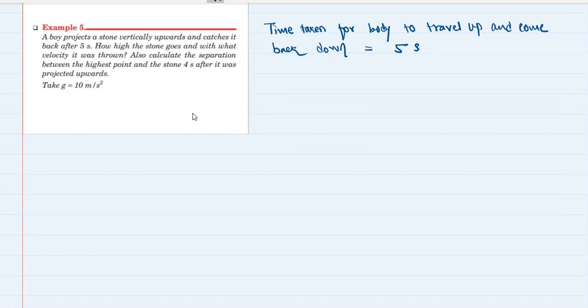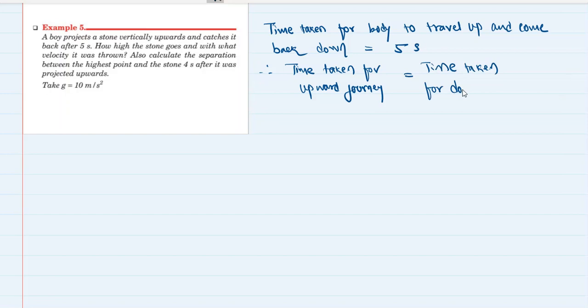Okay, now therefore time taken for the upward journey is equal to time taken for the downward free fall, which is 5 by 2, which is 2.5 seconds. So it takes 2.5 seconds for the ball to go up and 2.5 seconds to come down.